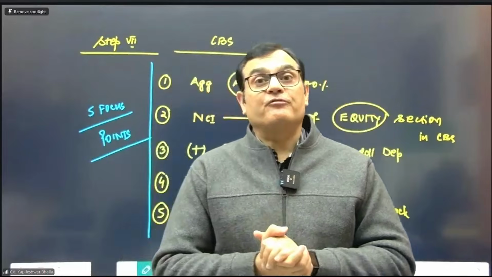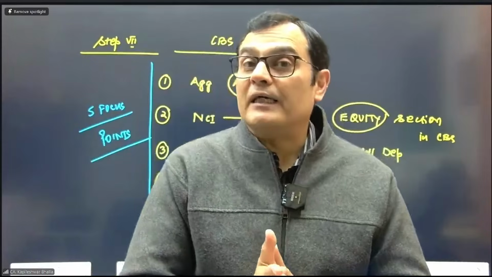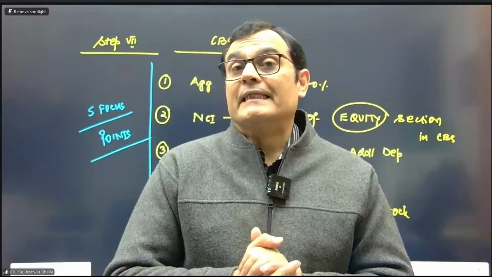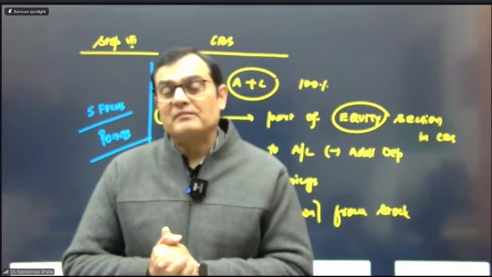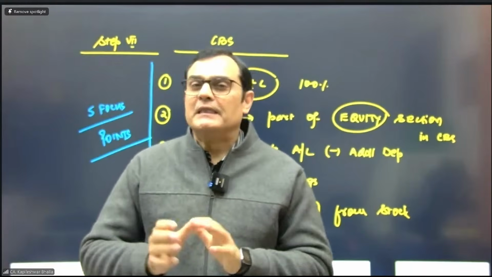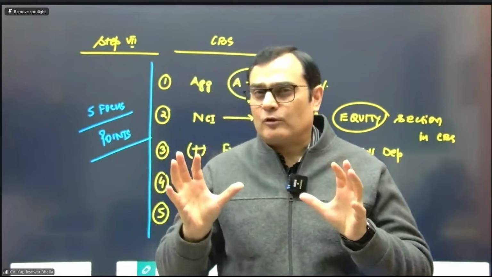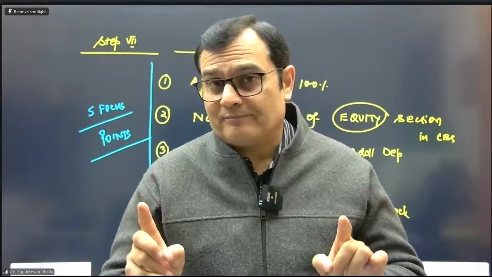In step number 4, 3 focus points. In step number 5, 3 focus points. In step number 6, 3 focus points. And in step number 7, 5 focus points. If you're able to keep track of all these focus points, you can never go wrong.